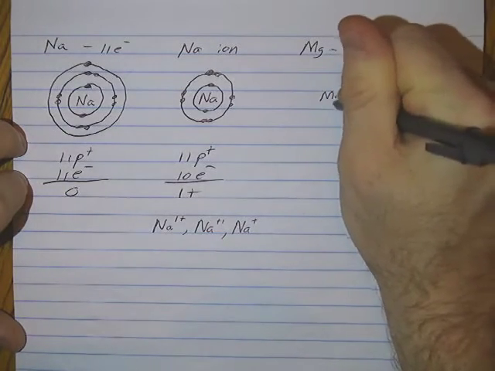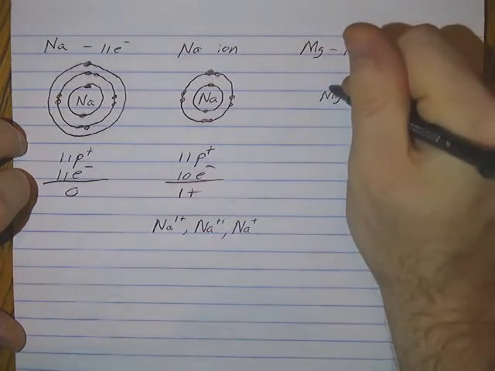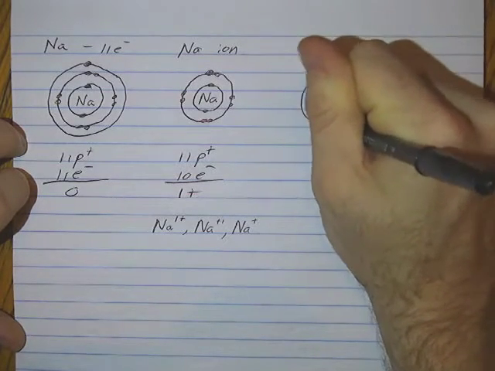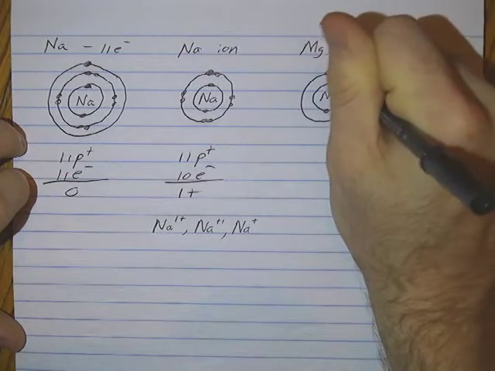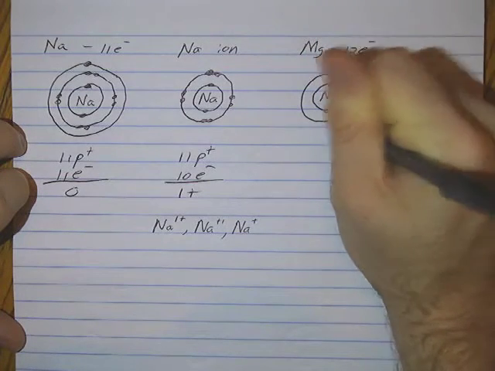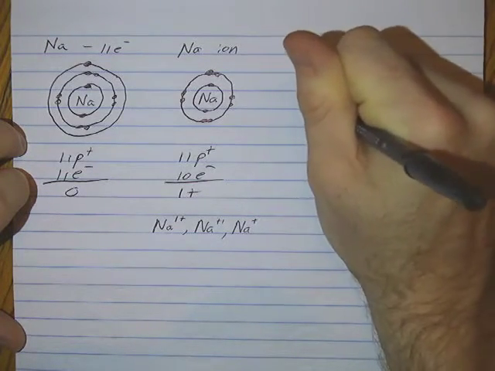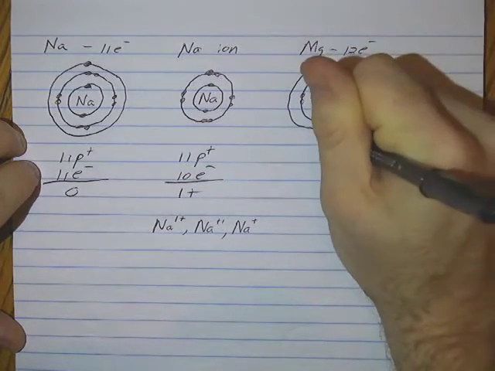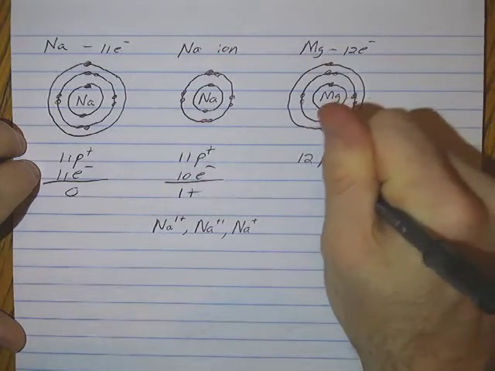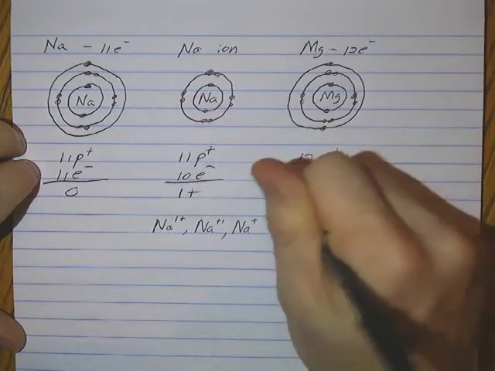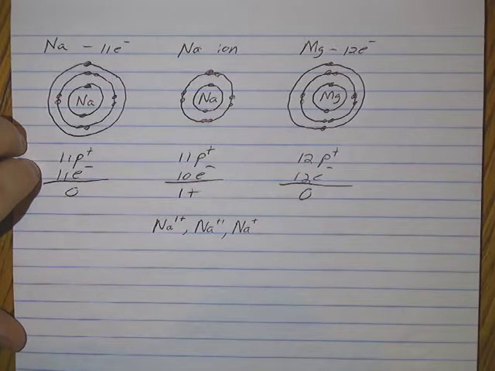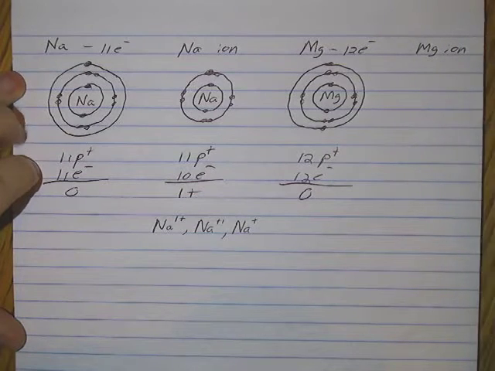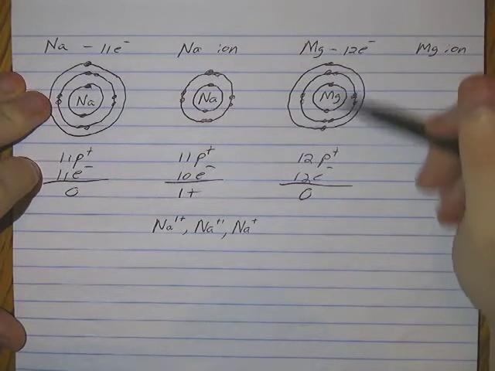So we've got the Mg nucleus, 2 electrons in the first shell, 8 electrons in the second shell, and then the last two in the valence shell. So 12 protons, 12 electrons, uncharged.